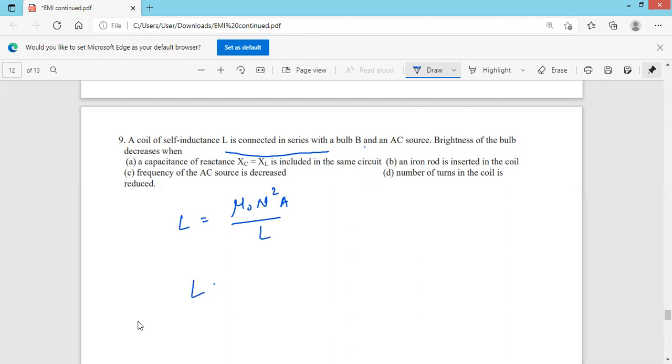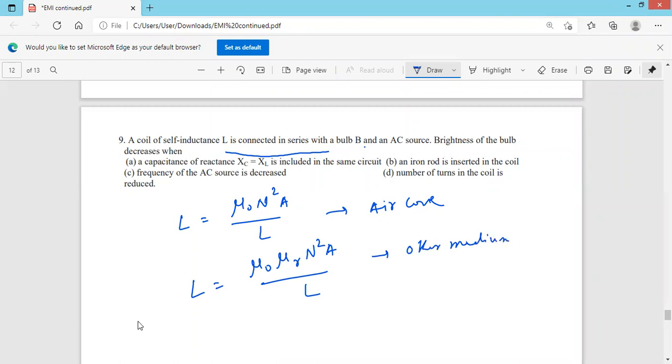For any medium, L is equal to mu naught mu R N square A by l. The first is for air core, and this is for other medium.